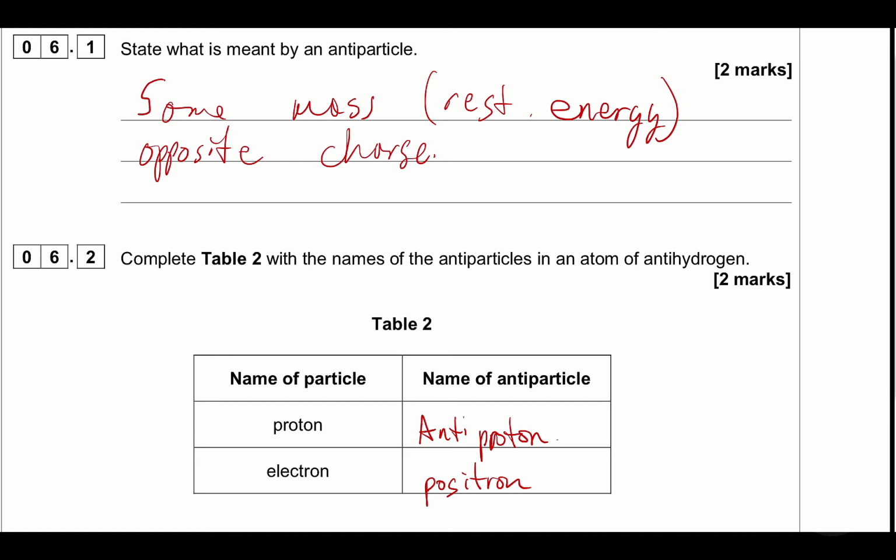Quite frankly, I'd love it if the protons were called negatrons, but they're really not. Can't have everything. So, apparently the exam board does not like anti-electron for positrons. But that's just the way it is.